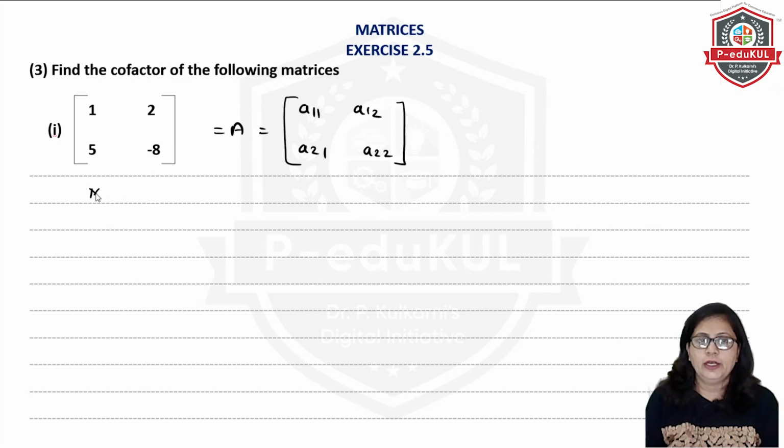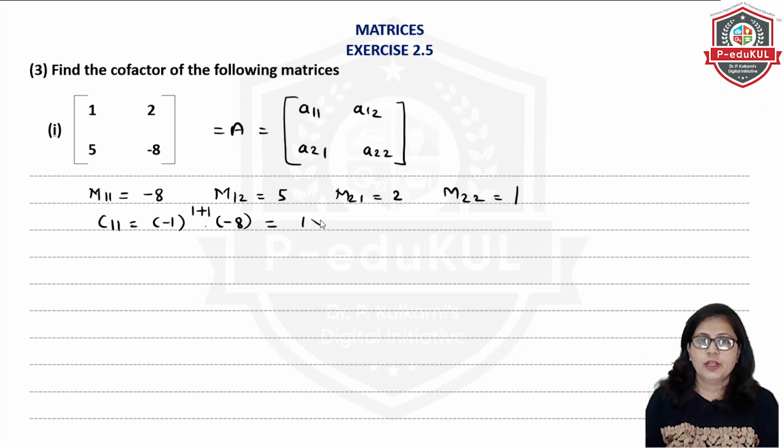So directly I'll write M11 is -8, M12 is 5, M21 is 2 and M22 is 1. So now we will do the cofactors of this. So what is a cofactor? That is -1 raised to 1 plus 1 into -8.